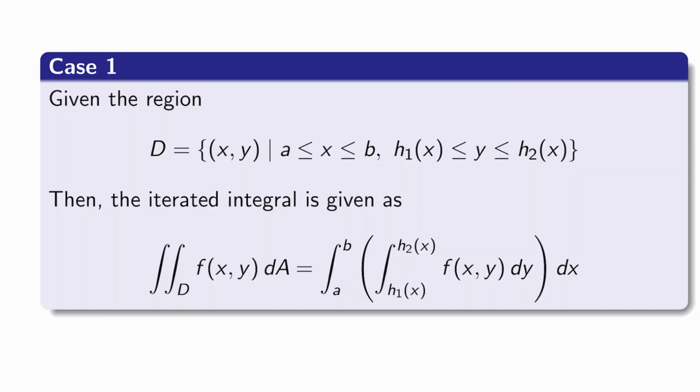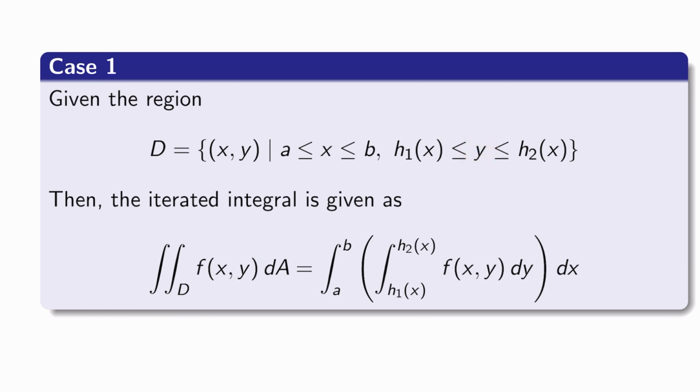With case 1, we have our region D defined to be (x, y) such that x lies in between a and b and y lies in between h of x1 and h of x2. So here y is defined to be the general region.